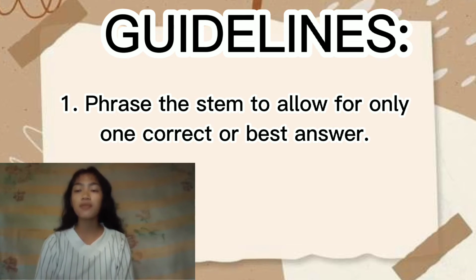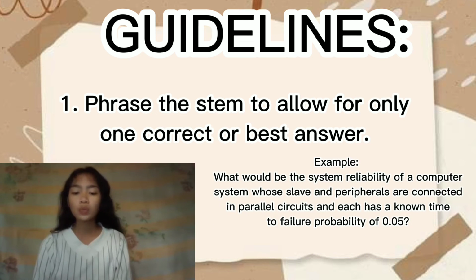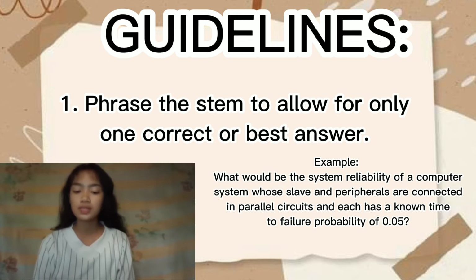Do not use unfamiliar words or terms. The difficulty of the item and its ability to discriminate should stem from the subject matter rather than from the wording of the question. Example: what would be the system reliability of a computer system whose slave and peripherals are connected in peripheral circuits?